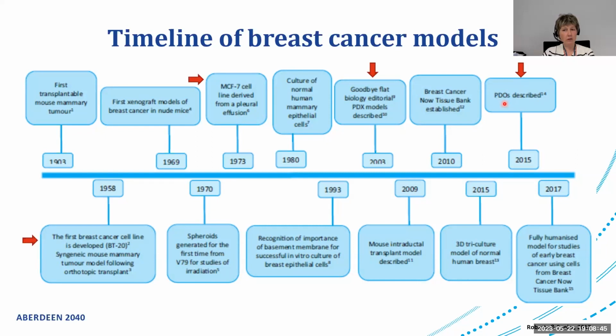The patient-derived organoids use only human tissues. And in 2017, the Breast Cancer Now Tissue Bank published work using fully humanized models to study early breast cancer, and that's using tissues and cells derived from the Breast Cancer Now Tissue Bank, which Kat mentioned in her introduction, and I'll say a little bit more about as we go through this webinar. So that's the timeline of the various breast cancer models that have been used over the years.